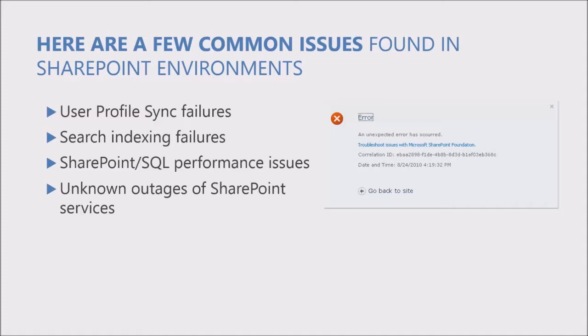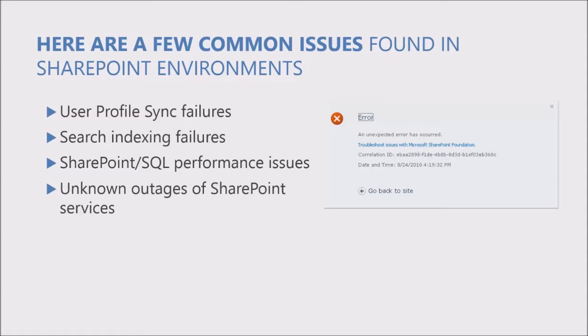When the user profiles are not correctly syncing information from your Active Directory to SharePoint, applications inside of SharePoint have stale data. It is not uncommon that your applications inside of SharePoint rely on this user profile data for user information. Having stale information in these applications can lead to user adoption as well as other issues.